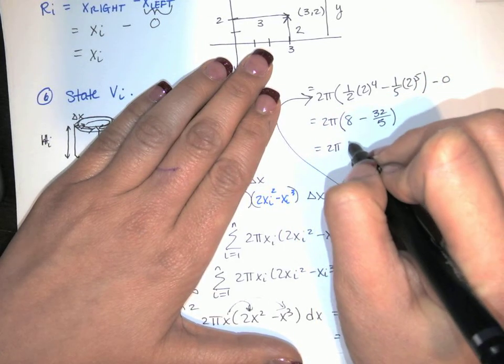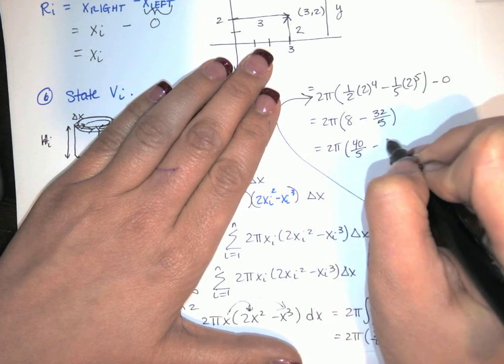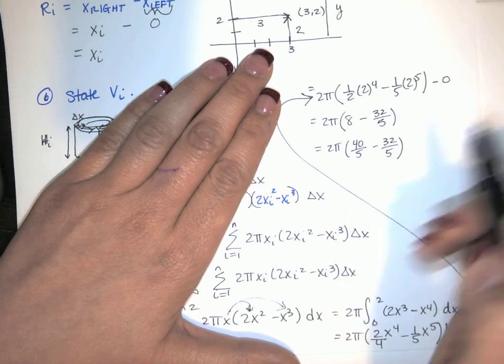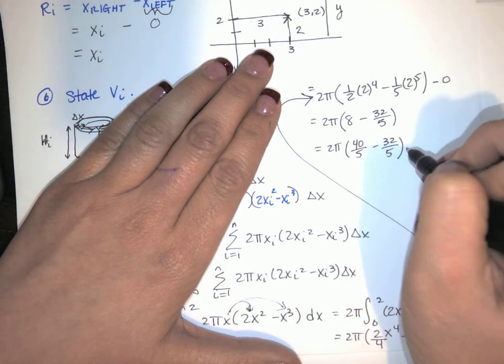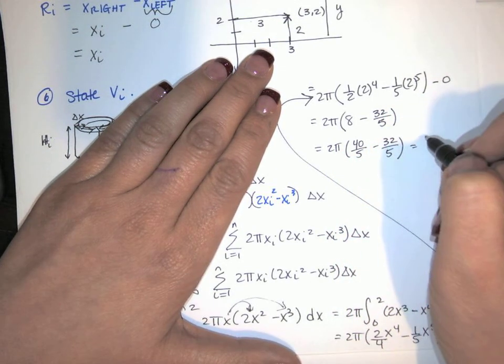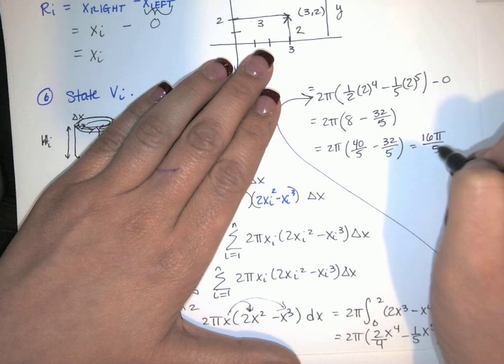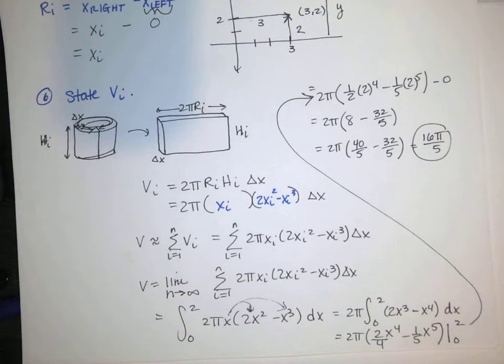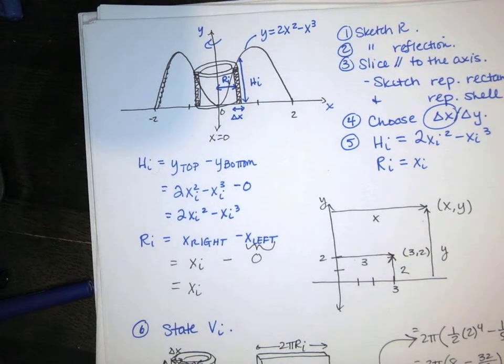So 8 is 40 divided by 5. So 40 minus 32 is 8. So I get 8 over 5 times 2 pi, 16 pi over 5. Units cubed. That's the volume of my bundt cake.